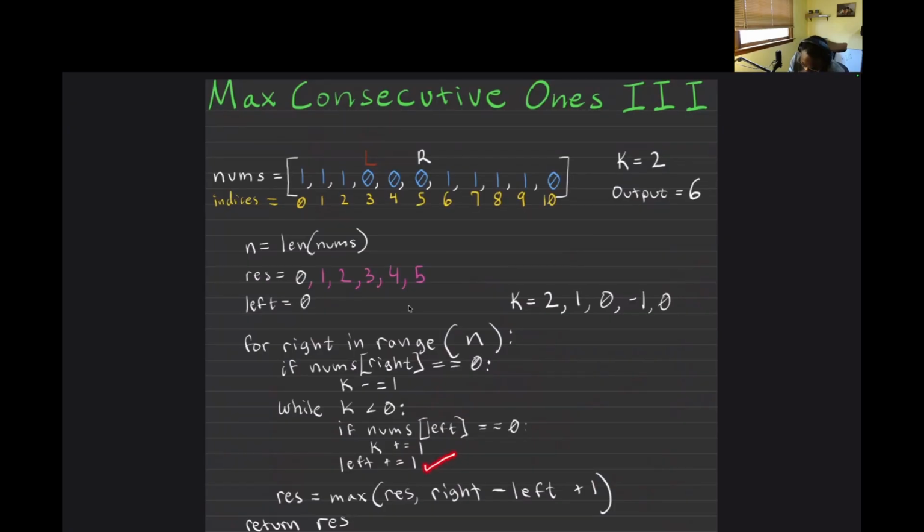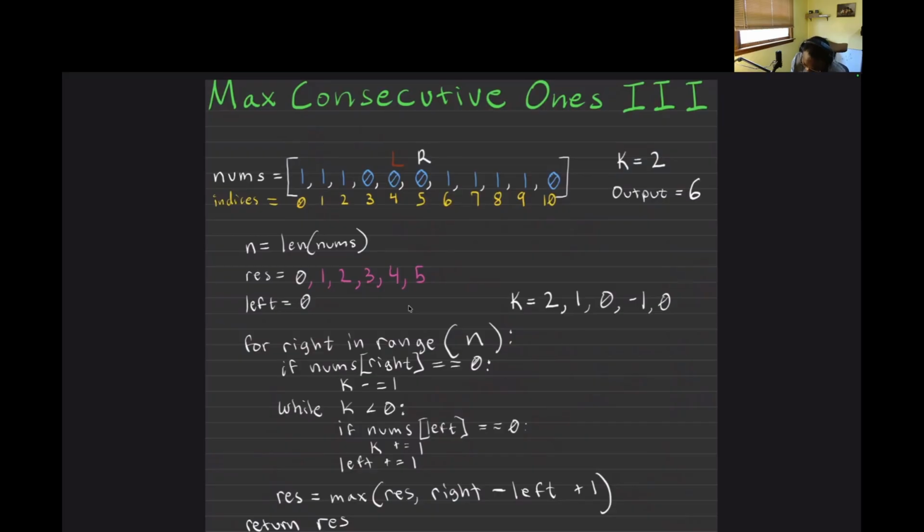Left plus equals 1. So left comes here now, and this condition is not met anymore, okay? So we check our res, okay? Look how our res is still gonna stay 5, okay? Because right minus left is 1, because 5 minus 4 gives us 1, plus 1 gives us 2, right? So that won't work, okay?